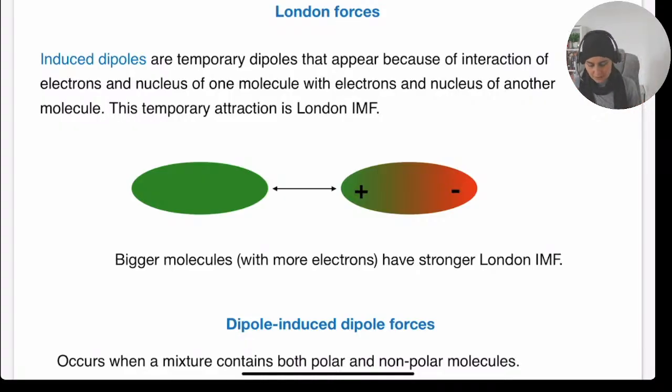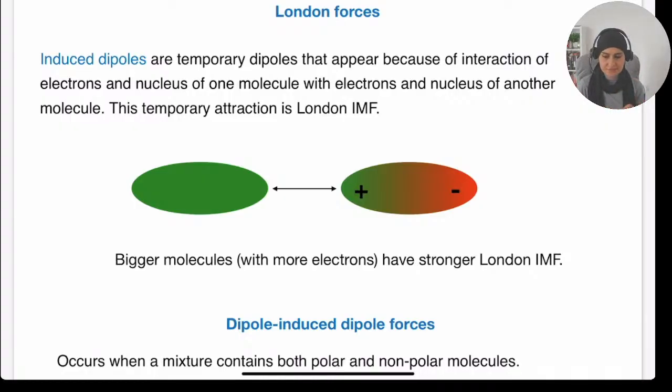Yeah. Right, so induced dipoles are temporary dipoles that appear because of the interaction of electrons and nucleus of one molecule with electrons and nucleus of another molecule, and this temporary attraction between those temporary dipoles is London forces, intermolecular forces. Now, what would affect London forces?